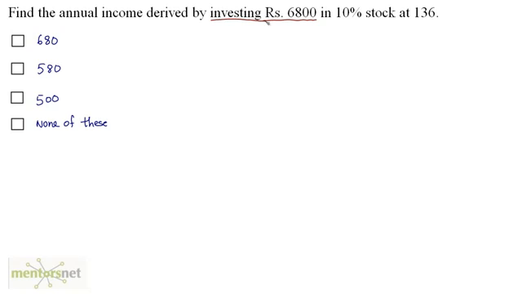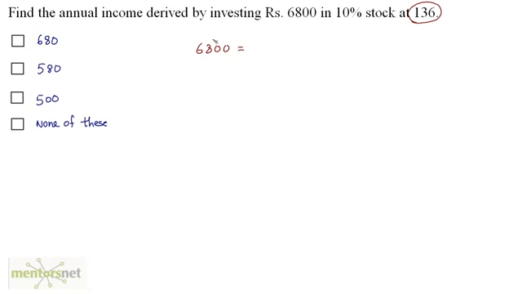As it is the amount that is invested, this is the market value of the shares, right? Because when you purchase shares, you always purchase at the market value. So 6,800, which is the market value of all of the shares, is equal to, now this term also signifies the market value of rupees 100 face value shares, right?